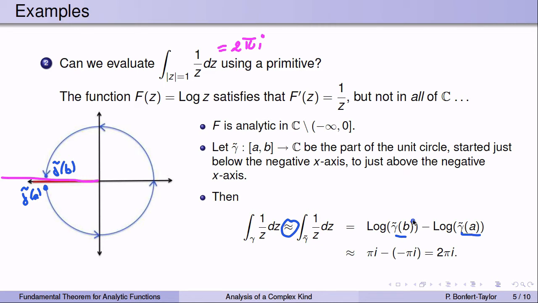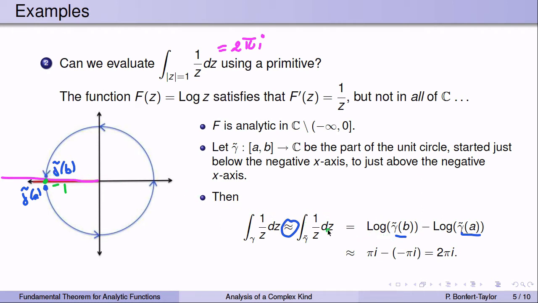So what is the logarithm at gamma tilde of b? Gamma tilde of b is a point just above the negative real axis and above the point where that circle would normally intersect the negative real axis, and that is -1. So gamma tilde of b is a little bit north of -1, just a tiny little bit.